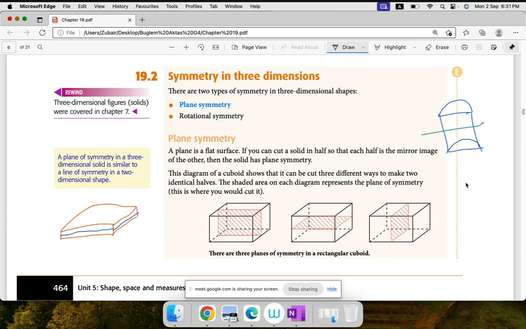Same way, if I just have a trapezium and another trapezium connected with each other, so if there's no line of symmetry at the top, I can still make it half. What do you say? Getting the point?